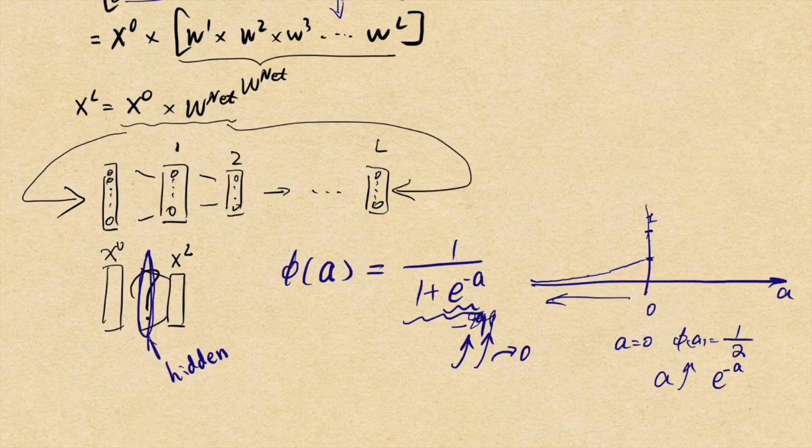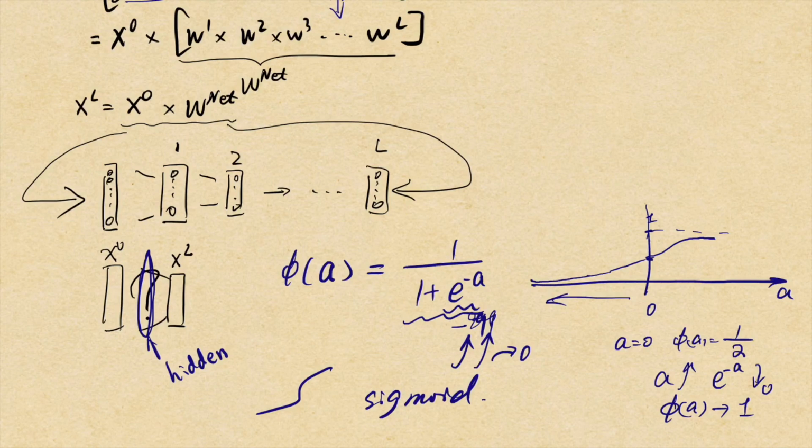exponential minus a becomes 0, and this function phi(a) becomes 1. This function has a shape like an S, so it's called the sigmoid function.